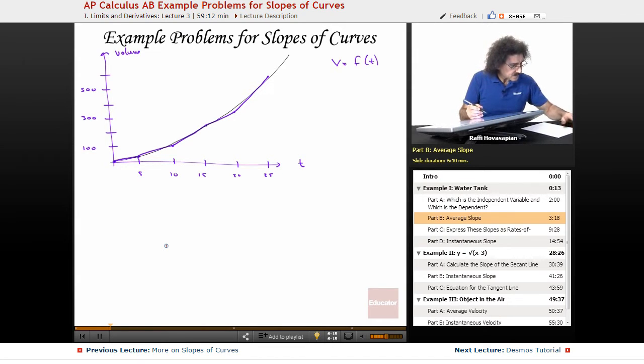Okay. So let's go ahead and do, yeah, I guess I can do it here. It's not a problem. So the average slope between 0 and 5 minutes is going to be volume final minus volume initial over time final minus time initial.